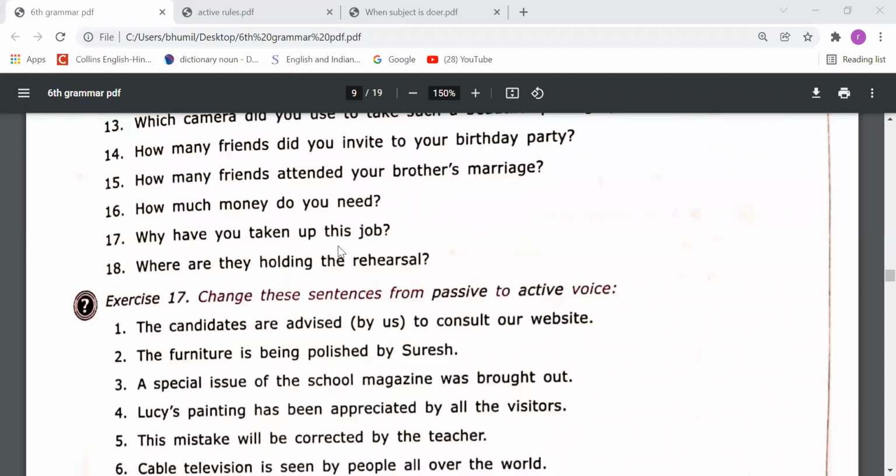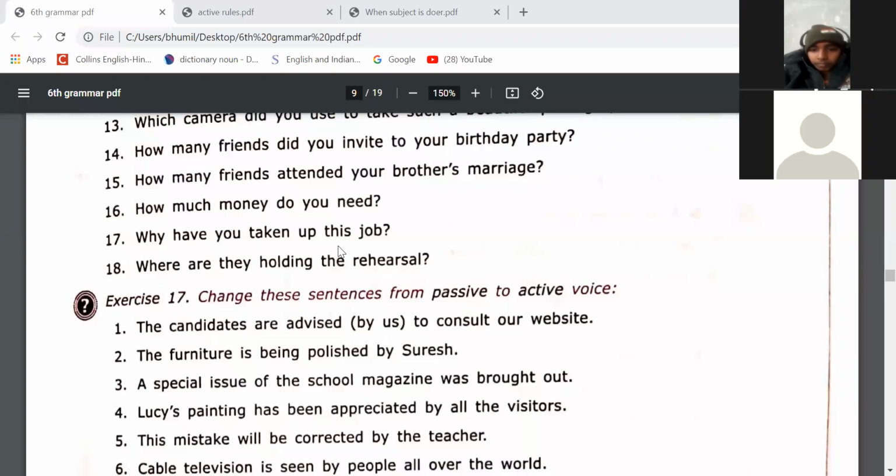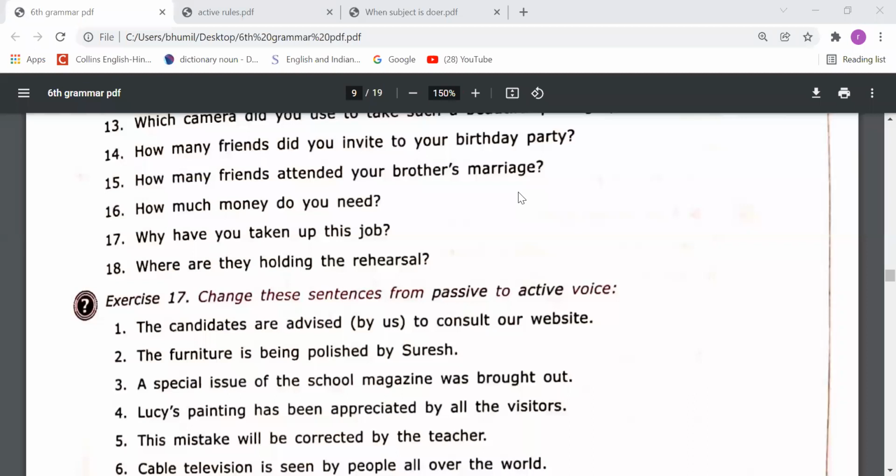Yes, sir. Sir, our website is, the candidates are advised to consult. The subject is 'by us', meaning we have to use 'we'. Okay, 'by us' will become our subject. Start with 'we'. We advise. We advised our website to consult by the candidates.